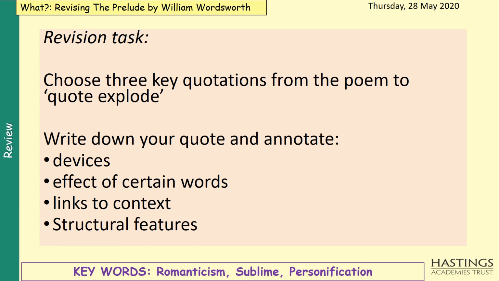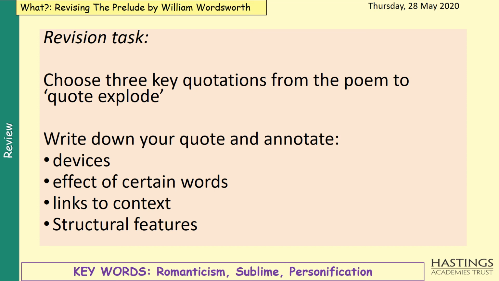So choose a quotation from each of the key sections, and I want you to do a quote explosion on this quotation. So write down your quote in the middle of the page with some room around it, and I want you to really annotate on your quote what devices have been used, the effect of certain words, so what connotations words have, links to context, so how does it link to the Romantic era, how does it link to Wordsworth, and then if there are any structural features that you notice in your quotation.